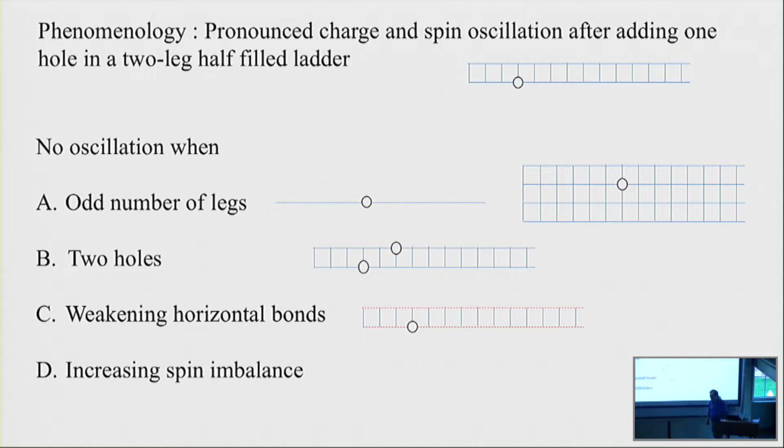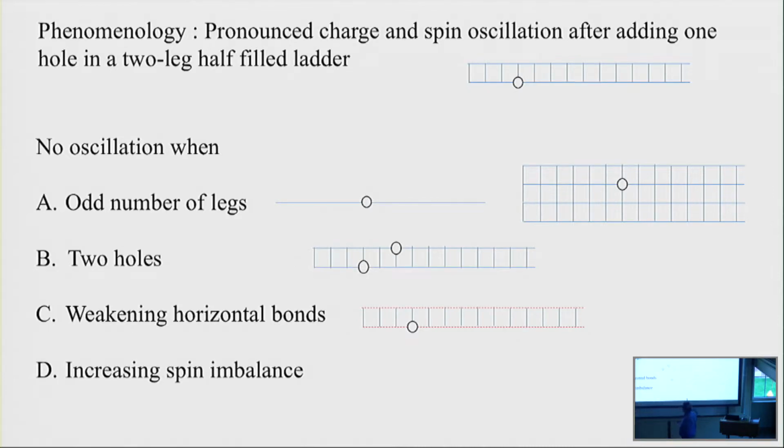So here, let me just tell you what we find and keep showing you the data. You have a two-leg ladder, and you put in a hole and look at the ground state. If you have only one leg, you put a hole in, and the hole moves around with spin-charge separation. Then things are very uniform, and you don't see any density oscillation.